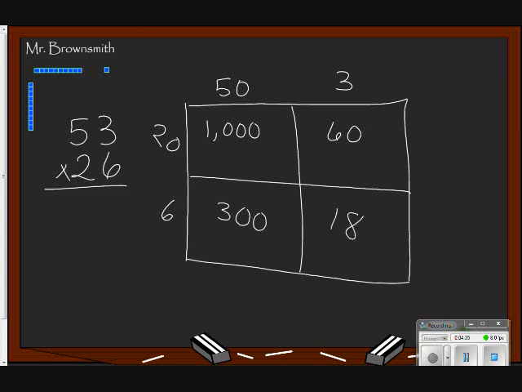So I add those all up again: 1,000, and 300, 60, and 18. I get 1,378. So you don't have to use the base 10s. This is a great method to use just by creating a rectangle and adding those numbers up.